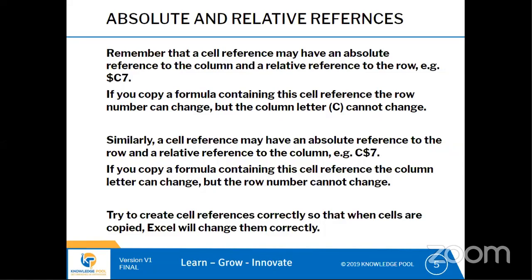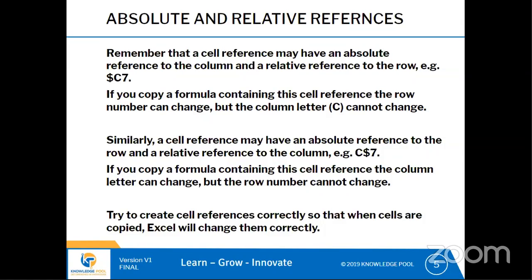That was like what we did in the second example with the price. So when you copy a formula, whatever the $ sign is before is not going to change. So in $C7, it's going to change the 7, sorry. So the row will change. The column, the C, will not.